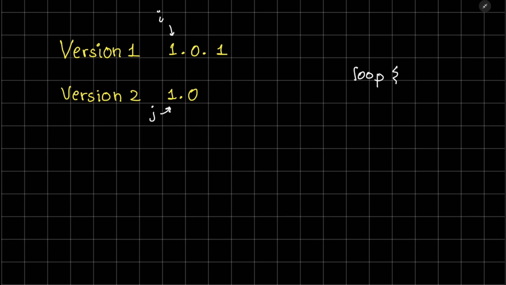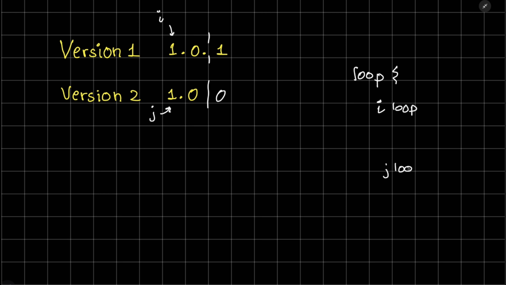If a revision ends, like here you have this revision for version 1 and there is no revision from version 2, we will assume it to be 0. So we'll run a loop, and inside this loop we will run two loops, one for i and another for j.